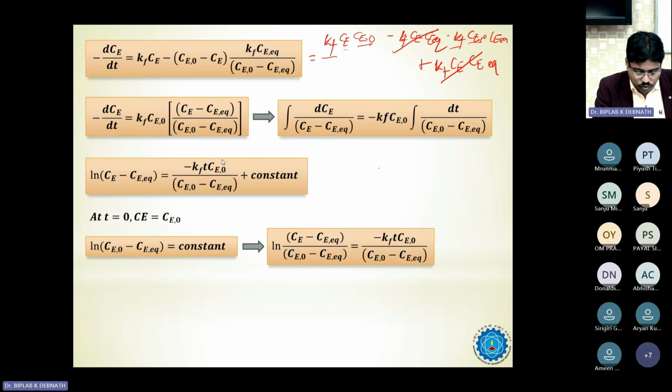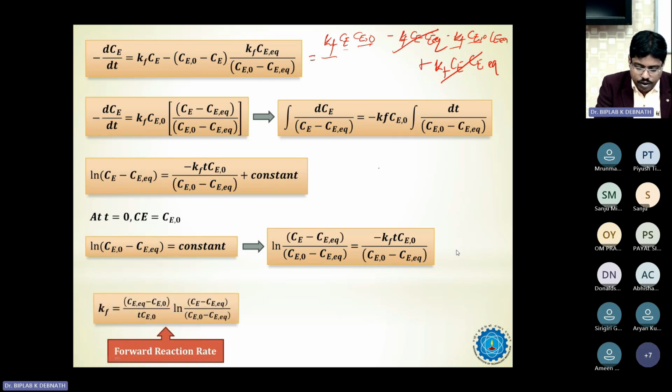So from here we get ln of C minus C equilibrium divided by C naught minus C equilibrium is equal to minus Kf t C naught divided by C naught minus C equilibrium. From there we can find out the forward reaction rate.